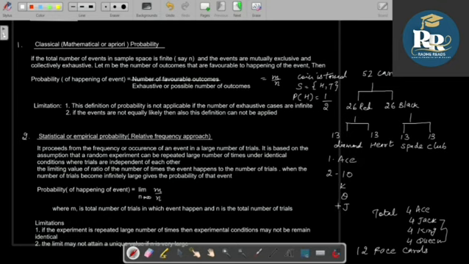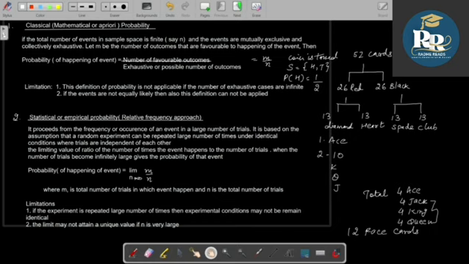So if I ask for the probability of drawing a jack from a pack of 52 cards, what would the probability be? Total there are 4 jacks and total cards are 52.